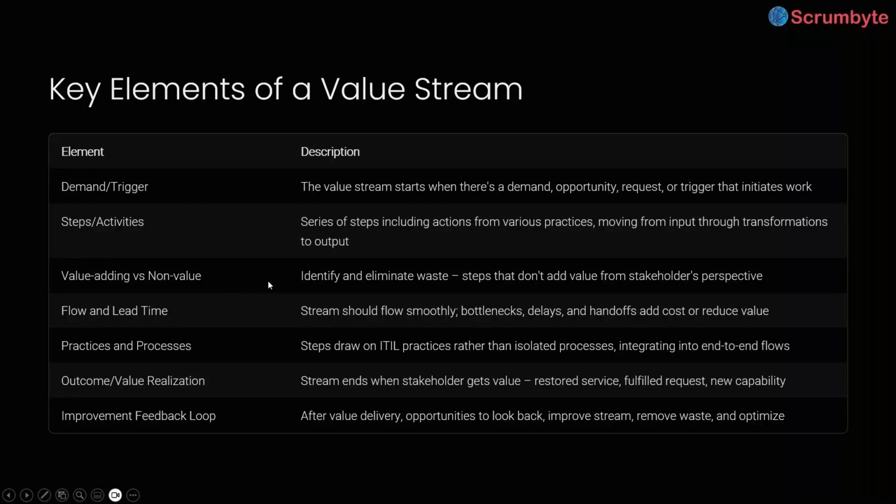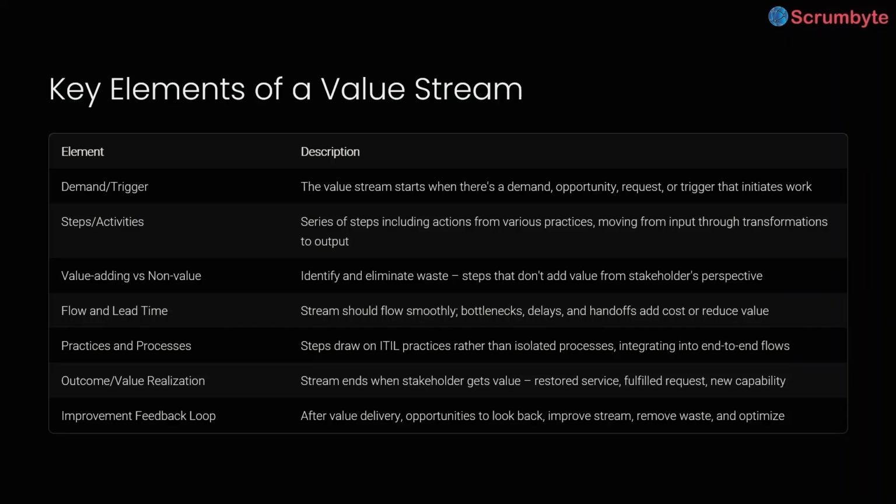Many times, this is very nice to have, but ultimately you really don't need it, because you may have a beautiful output that looks very nice and pretty, but nobody is really interested in it, or the person who created it may feel very happy about it, but it's really of no use. So from a stakeholder's perspective, you always have to look at whether this is something that is delivering value or not.